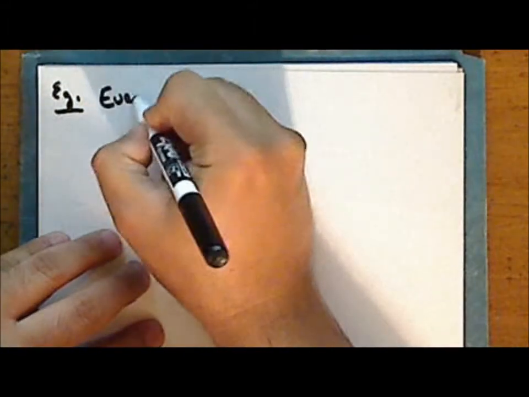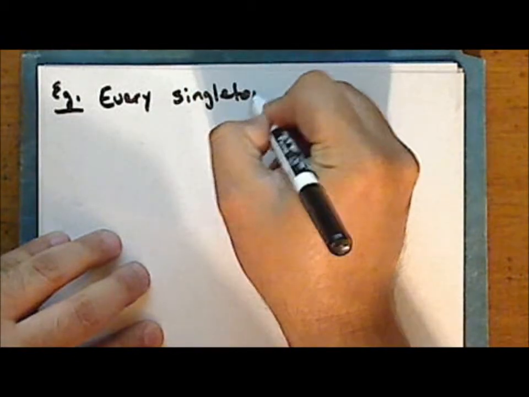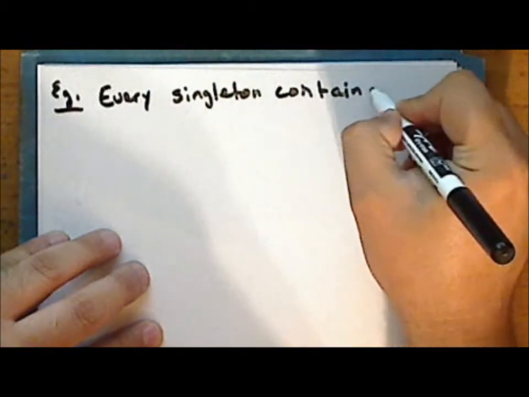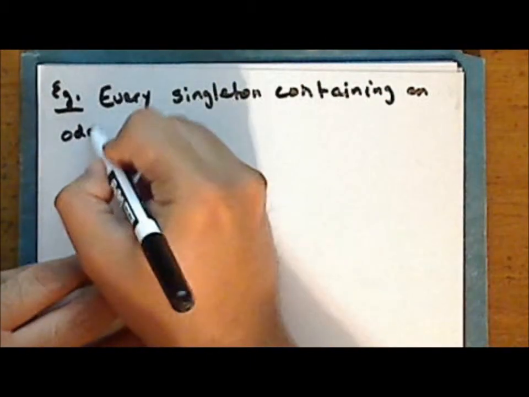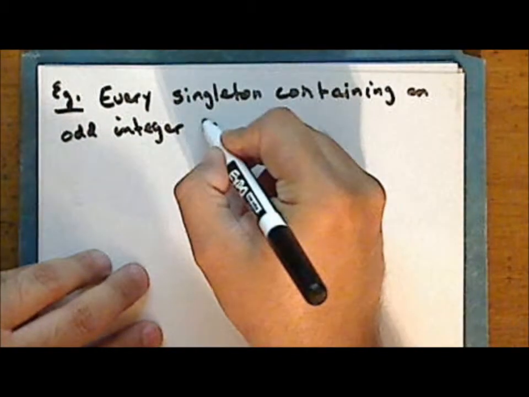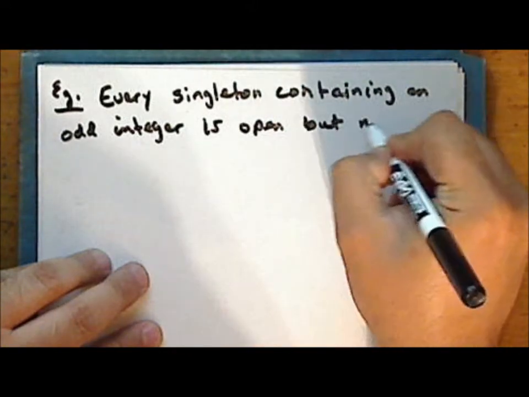Okay. So next, we will show that every singleton containing an odd integer is open but not closed.